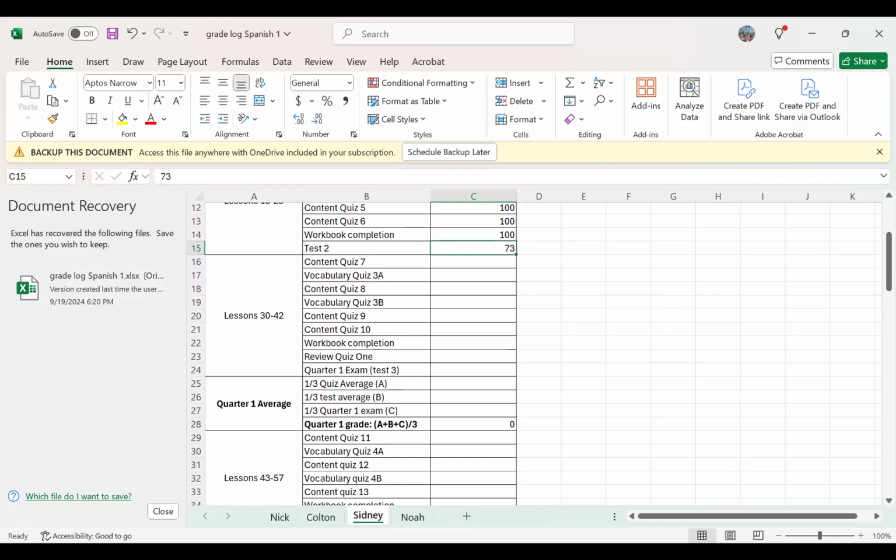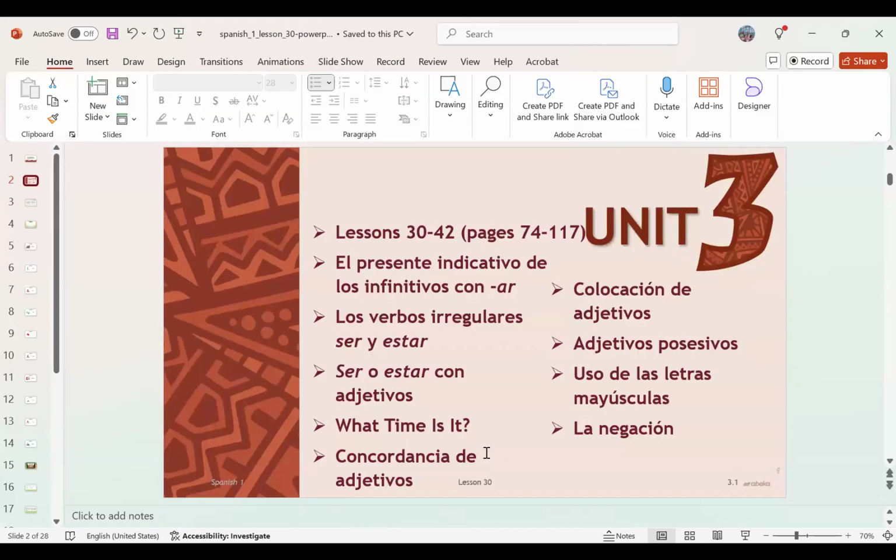Since you don't have the lesson numbers in your workbook, those are pages 74 to 117. Those are the pages we're going to be covering for unit 3.